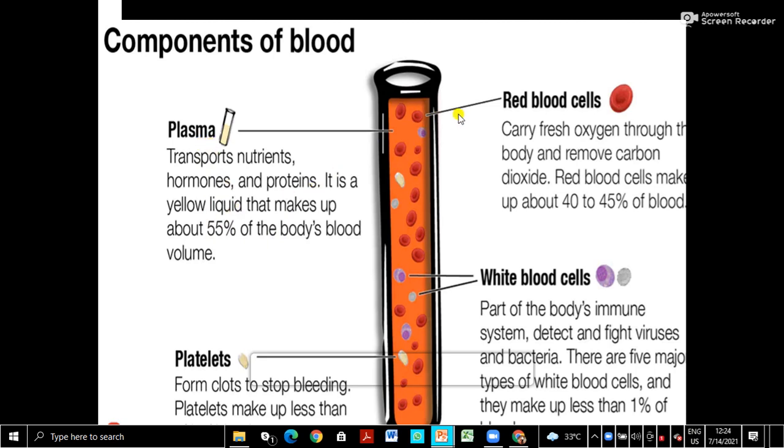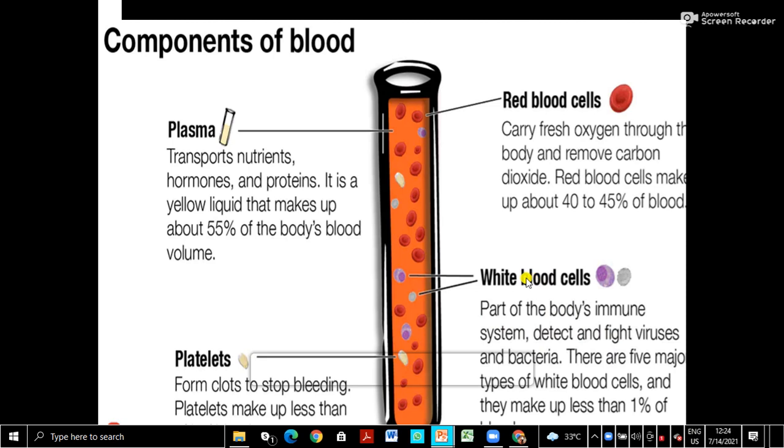Then comes the blood cells. Red blood cells carry oxygen throughout the body and remove carbon dioxide. Red blood cells are the next highest component, 40 to 45% of the blood. Then here are the white blood cells, part of the body's immune system, which detect and fight viruses.